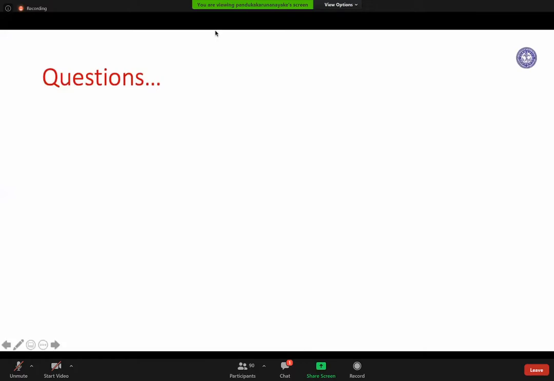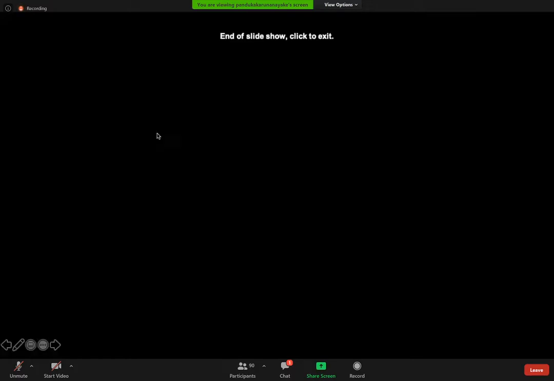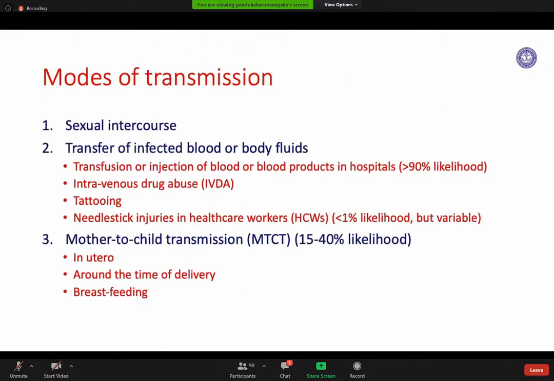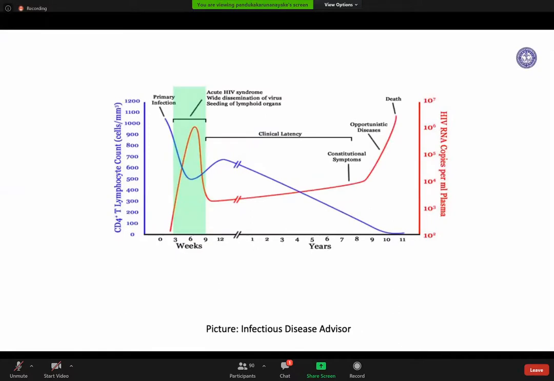If I can go back to the graph, it will be easier for you to understand. Let me go back to that graph. Now in this graph, in the green area, you can't depend on the antibody test. You can start with the antibody test, but if it is negative, you must do the PCR or antigen test. That's in the green area.